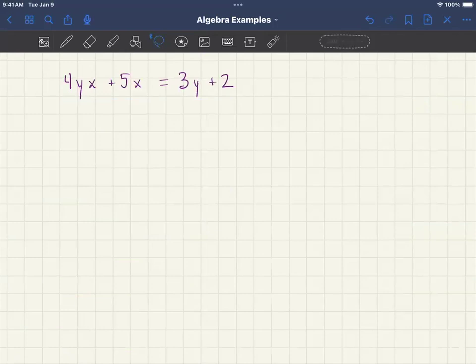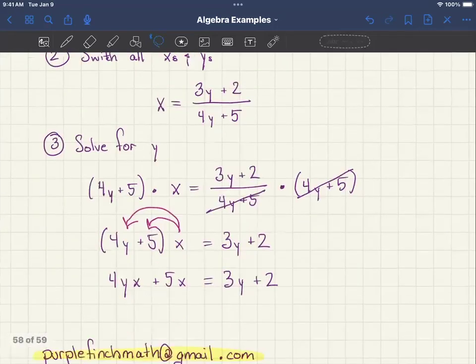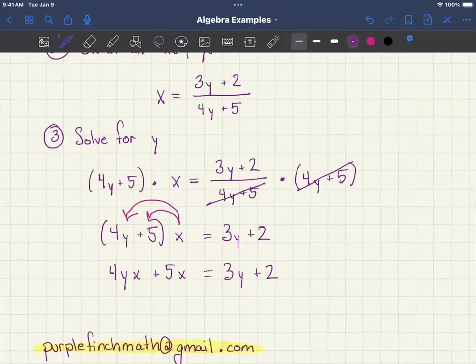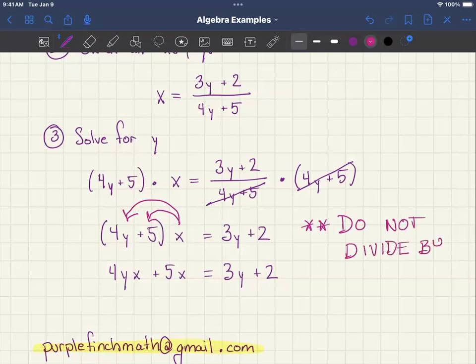Before we do this, I'm going to go back and do one thing. I want to remind you here, and this is going to be key. This is what I've seen a lot of students do. Do not divide by x. I think this deserves a triple exclamation point, because this happens a lot.